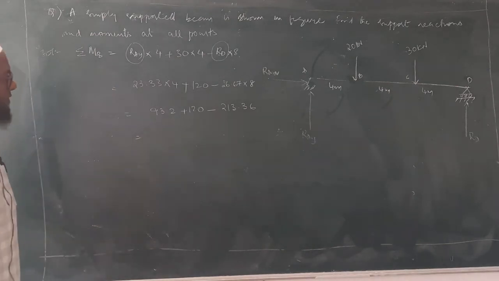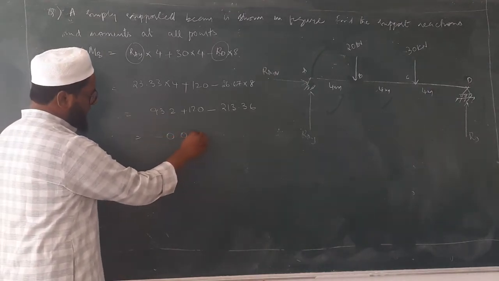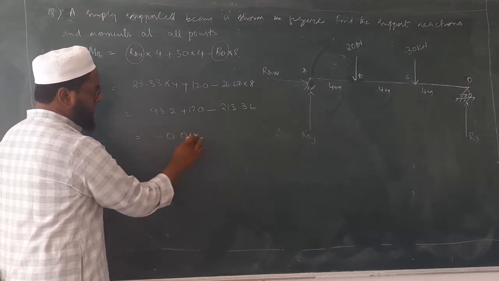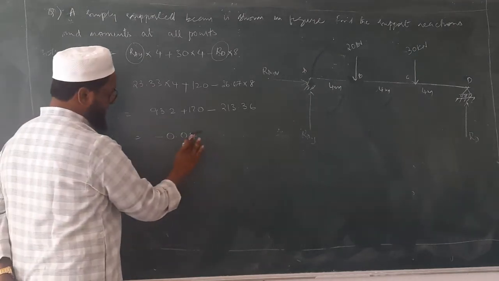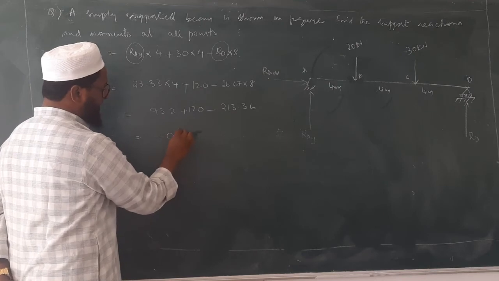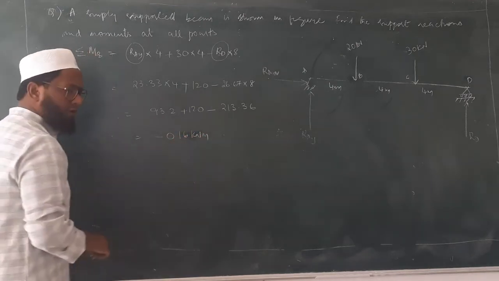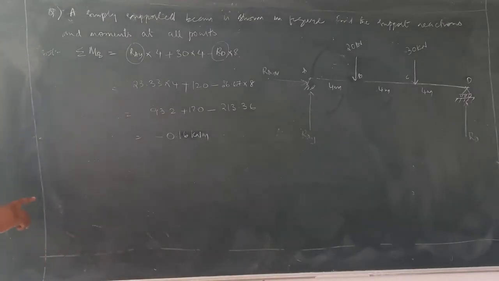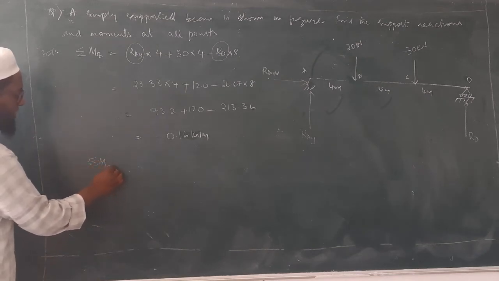Minus 0.16 kilonewton meter. What are the units of moment? Kilonewton meter. Okay. Next, moment of all forces about point C.